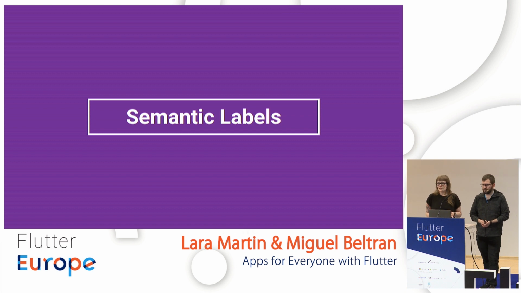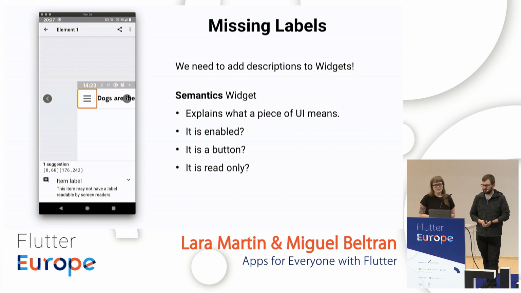And finally, let's fix all those semantics labels that are missing. As we saw before, many items on the screen were highlighted because they didn't have labels. These labels are what the screen readers will use to read what's on the screen. To fix this, we are gonna add proper descriptions.